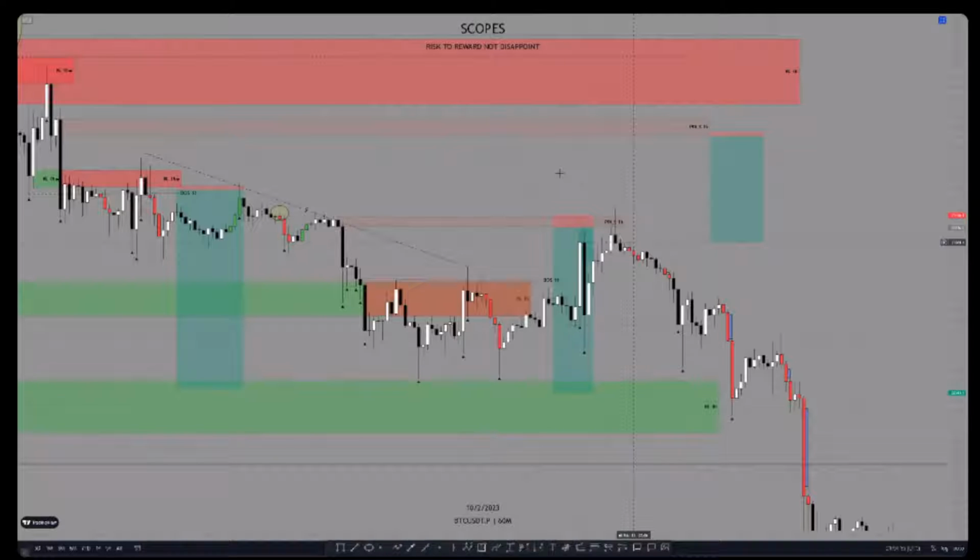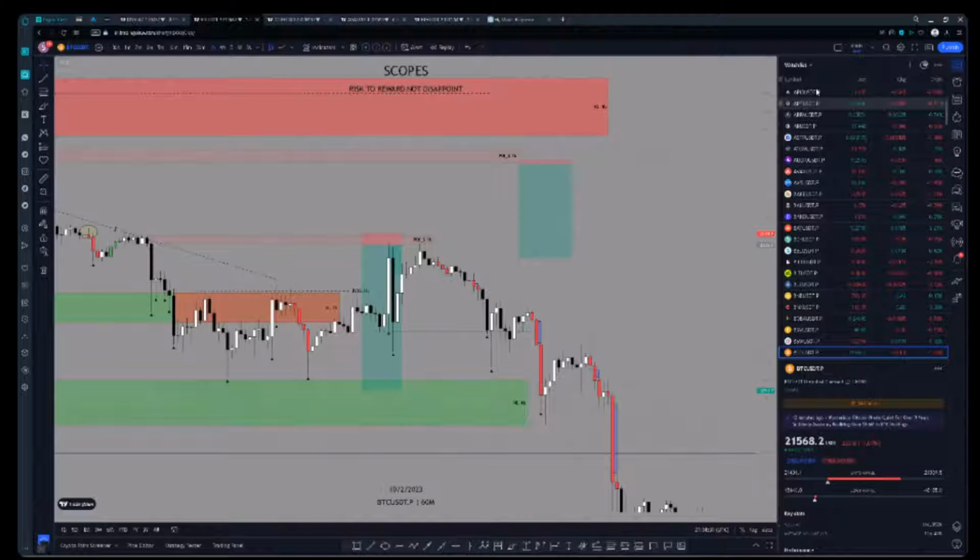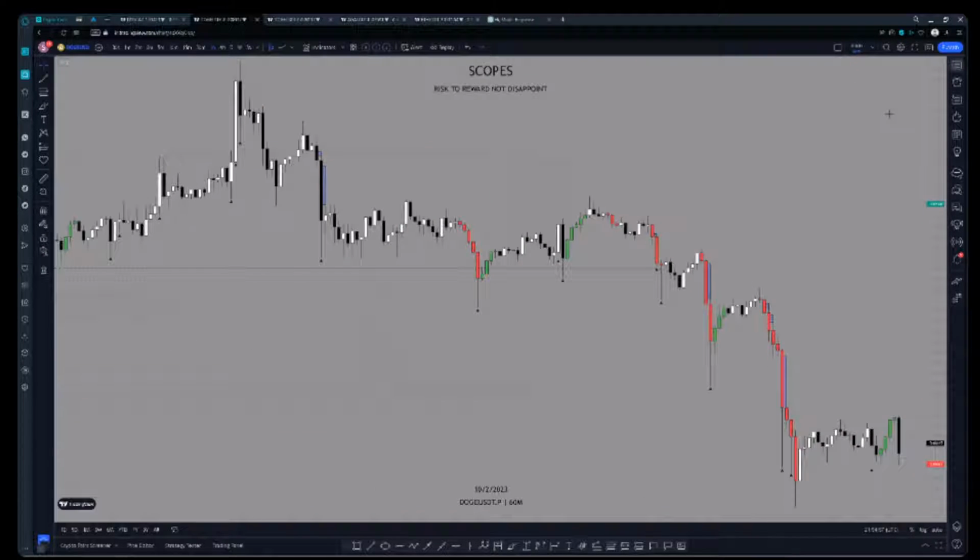So first of all, I'll just want to go over a recent long trade. I don't really trade these coins, but it's using a higher time frame.